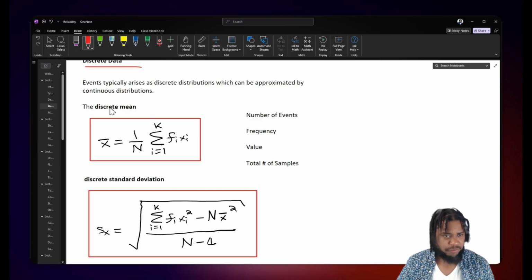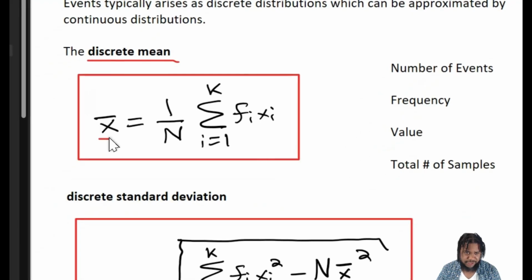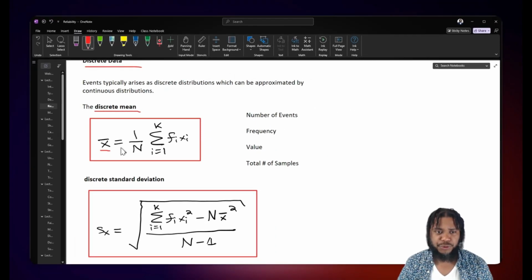So let's start with just defining discrete mean and discrete standard deviation. The discrete mean, x bar, is equal to 1 over the number of events times the sum from an integer of 1 up to k, which is a total number of samples, of the frequency f sub i times x sub i, which is the value of that frequency.